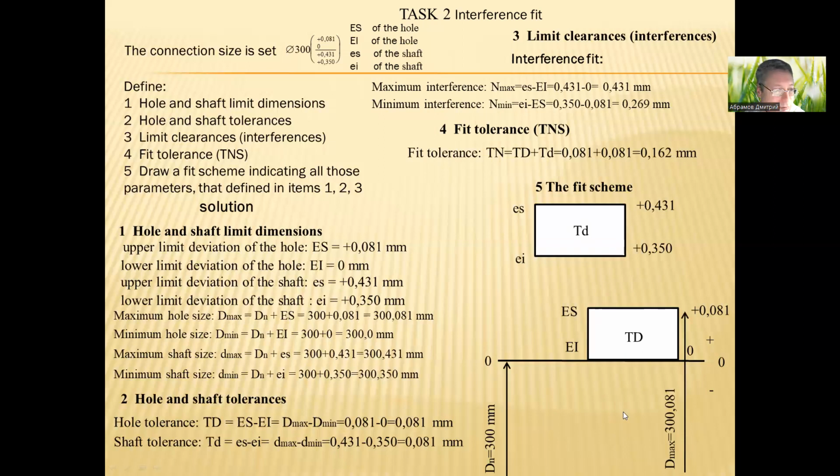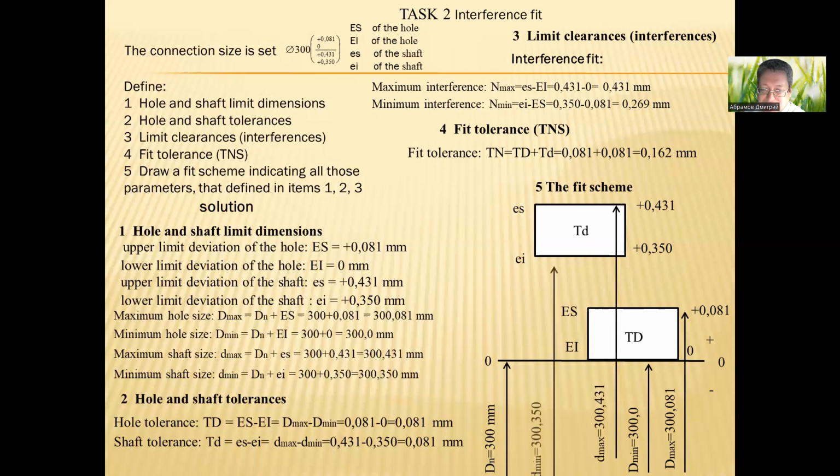Maximum hole size, D maximum, minimum hole size, D minimum, maximum shaft size and minimum shaft size, minimum interference and maximum interference. That's all we need to do in task 2.